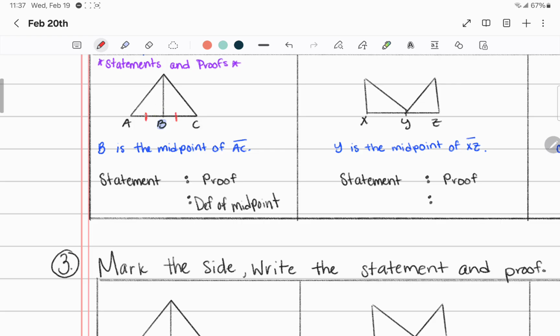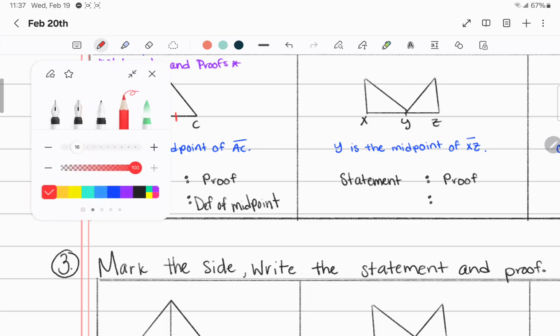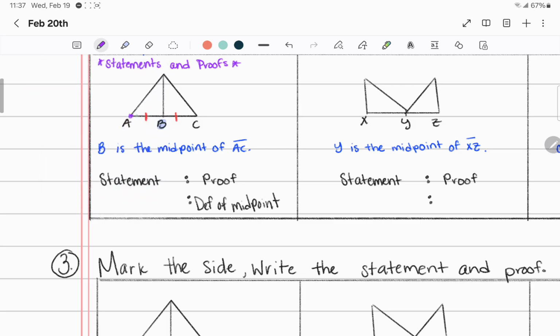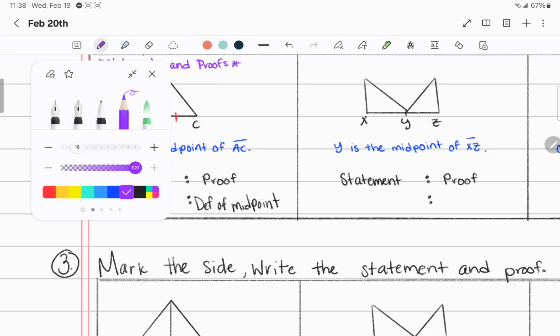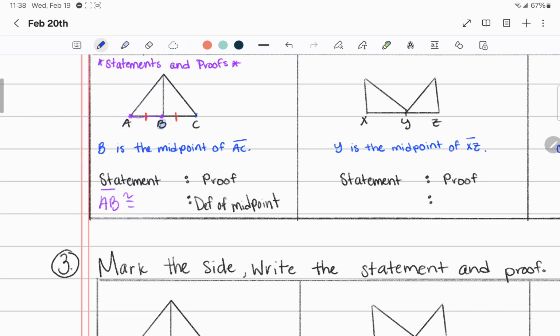So you want to put a line there and there, and then your statement will be AB is congruent to, and then you want to do C to B. So you want to go from the corners in, C, B. So you want to mark it like I did there. From A to B is congruent to C to B. So that's the first one.